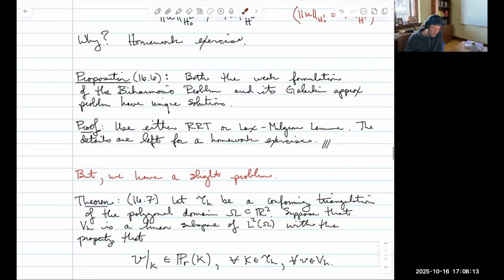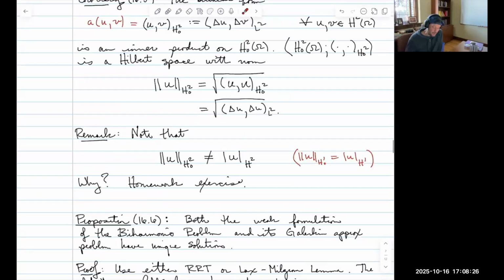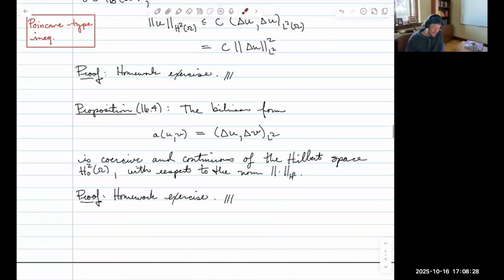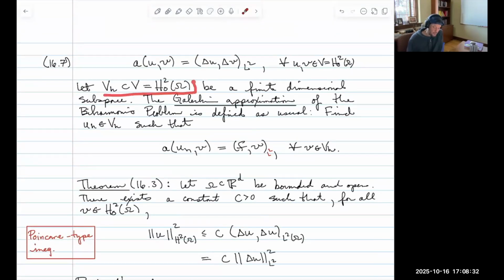Okay, but I've written here that we have a slight problem that I haven't really admitted to yet. The problem is that we're asking for a finite dimensional subspace of H02, and these are hard to build. Finite dimensional subspaces of H01 were very easy to build.